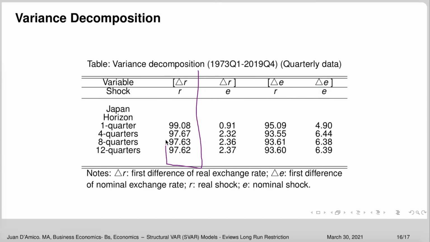So in the first section, at 1, 4, 8, and 12 quarters, as we have already explained, 97% of these movements are explained by real shocks, and nominal shocks on the real exchange rate only explain up to 2.37%. While for the nominal exchange rate, the real shock values are 93.6%, and for the nominal shock, it's up to 6.39%.